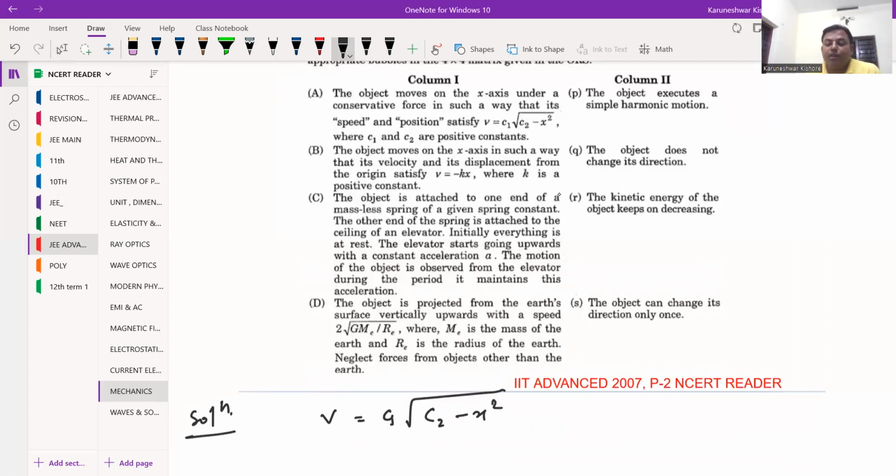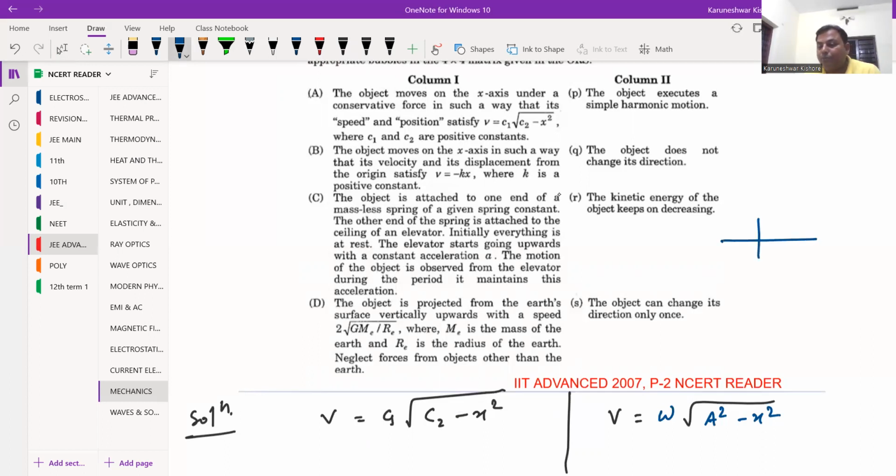So here v is the speed. If you compare this equation with the equation of SHM, we have v equals omega times the square root of A squared minus x squared, where omega is the angular frequency of SHM.